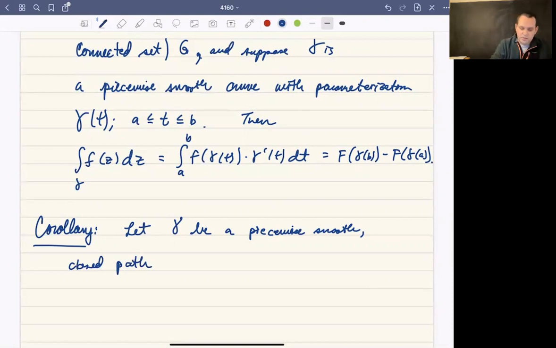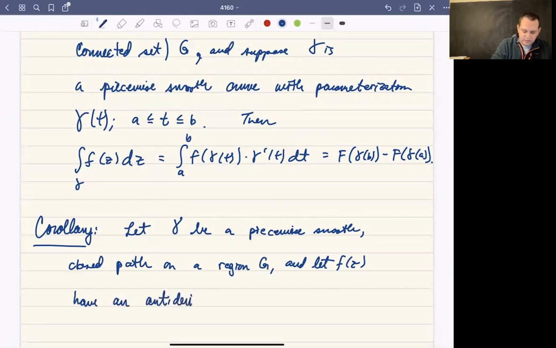So gamma is going to be a piecewise smooth closed curve or closed path on a region G. And let little f, again continuous, have an antiderivative.